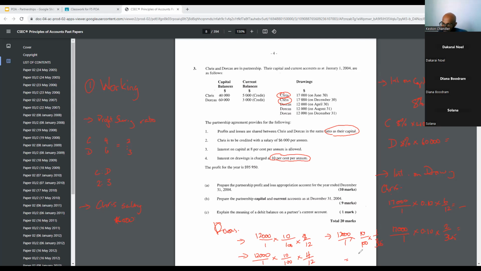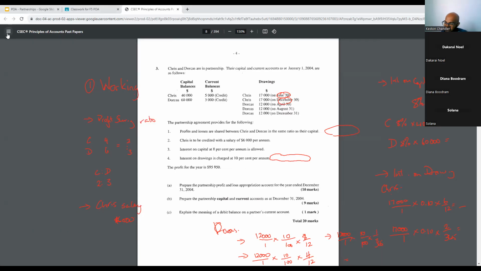Yeah? Is everybody okay with the working for that? So remember, just like the example that I did last day, you wanna head up working, number your working, do these things, and then you're actually going to do the actual format. Are you okay with this?